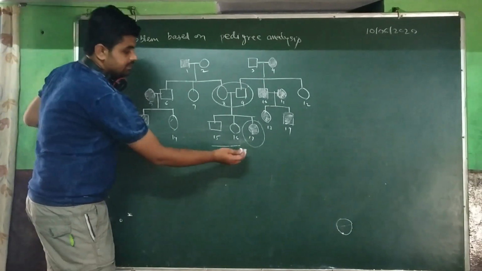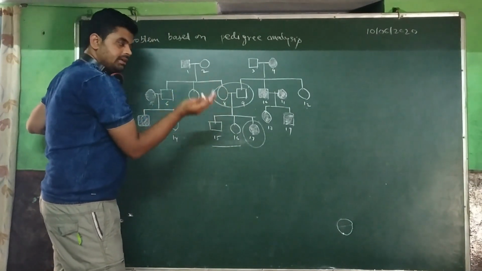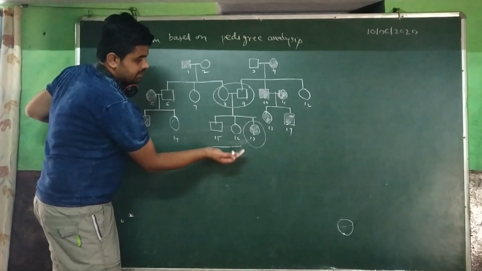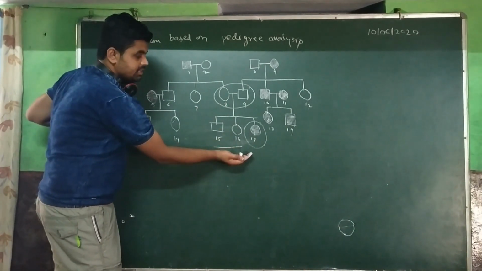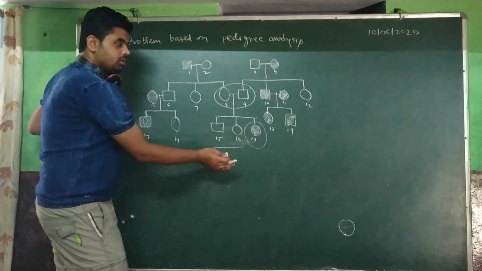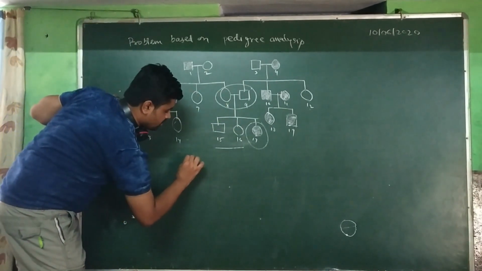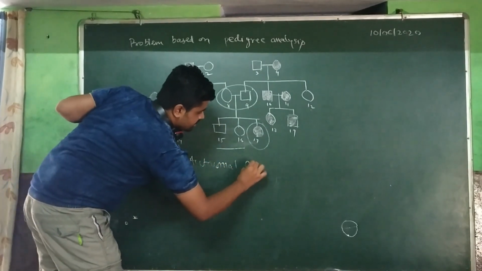That means the disease does not occur in the first generation but occurs in the second generation, so it skips a generation, and the affected children do not have affected parents. That means it is autosomal recessive.